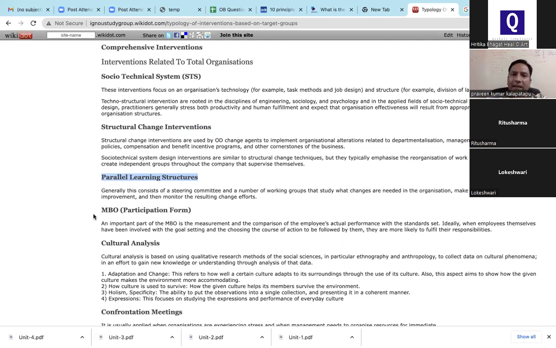So next is MBO. MBO, the full form is management by objectives. What it means, the principle of this MBO is nothing but you are giving clarity to your employees on what they are supposed to do.